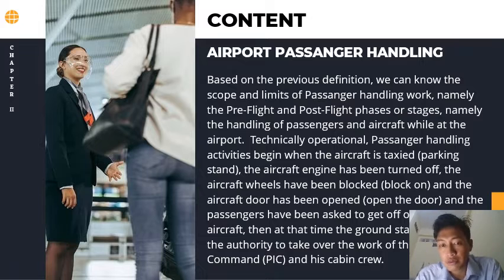Technically, operational passenger handling activities begin when the aircraft is at the parking stand, the aircraft engine has been turned off, the aircraft has been blocked on, and the aircraft door has been opened. The passengers have been asked to get off the aircraft. Then the ground staff has the authority to take over the work from the pilot in command or PIC.